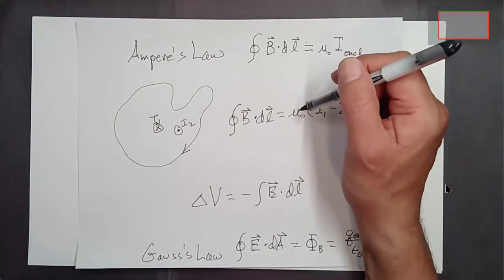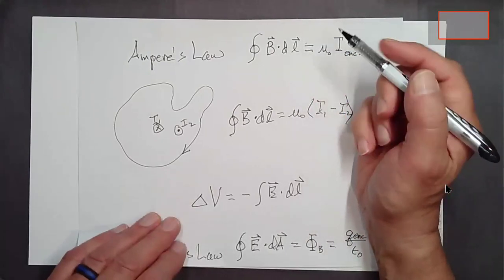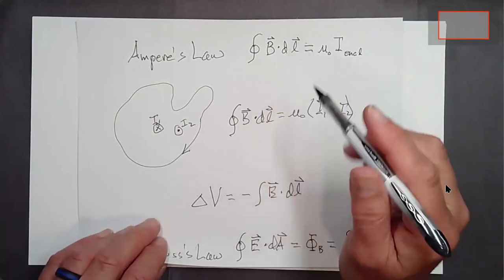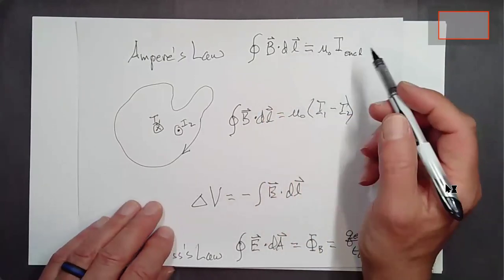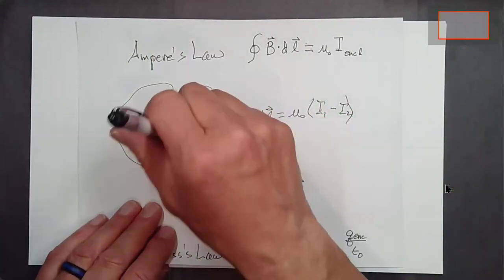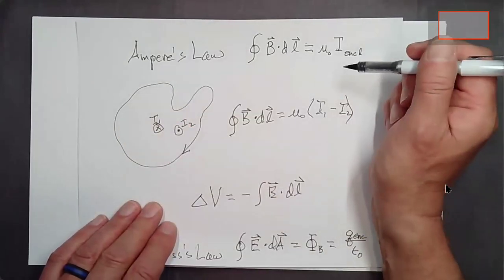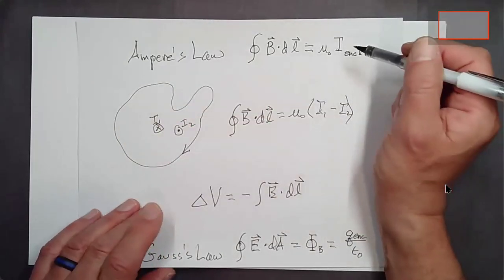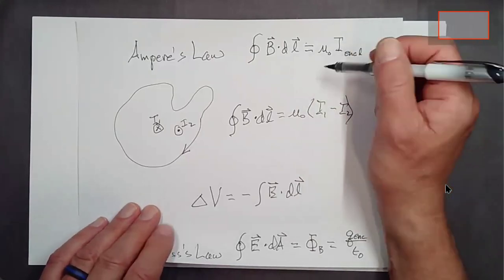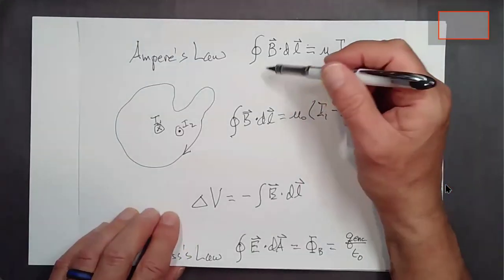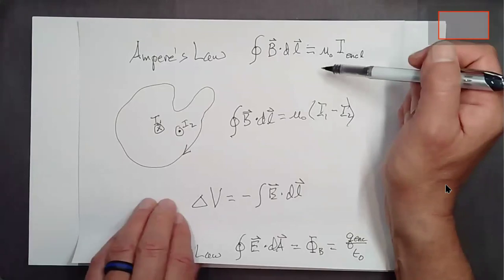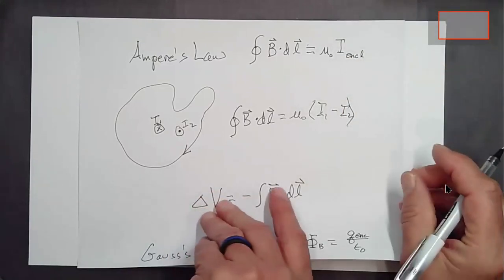Well, what use could that possibly be? Here's the use. If you ever happen to forget the magnetic field of a long straight wire, whatever it happens to be, we just used it on a problem here, you can use Ampere's law to figure that out. Because let me show you.